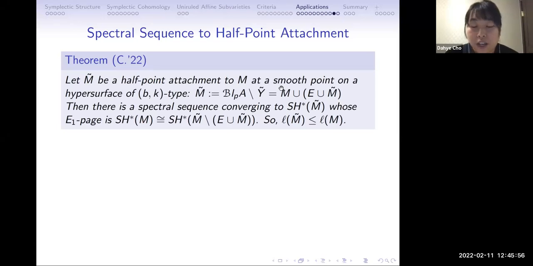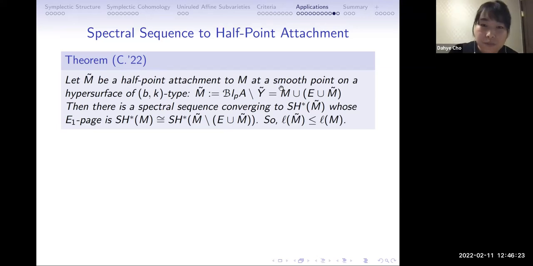So the important part is our L invariant: the L invariant of the affine variety before the half point attachment is greater than or equal to that after the half point attachment.